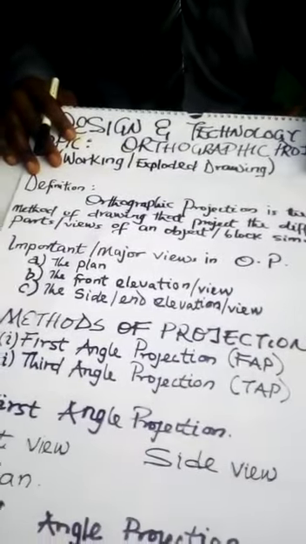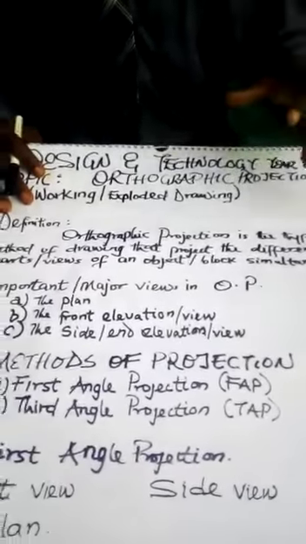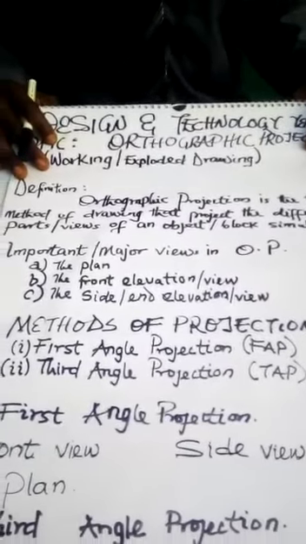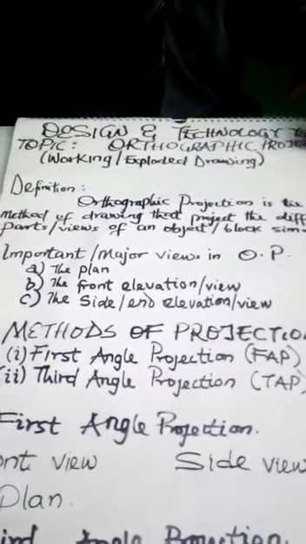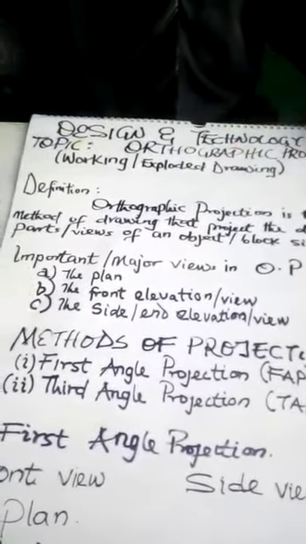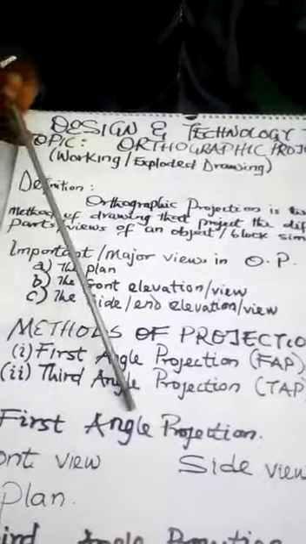Number one, we have methods of projection. The first method is first angle projection, and the second method is third angle projection. Let's take first angle projection.